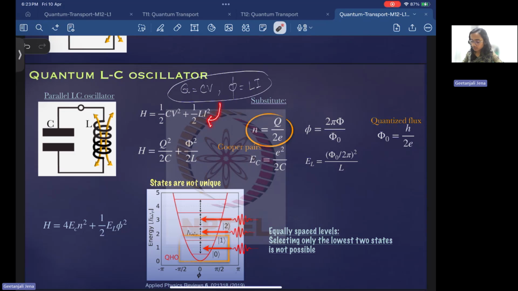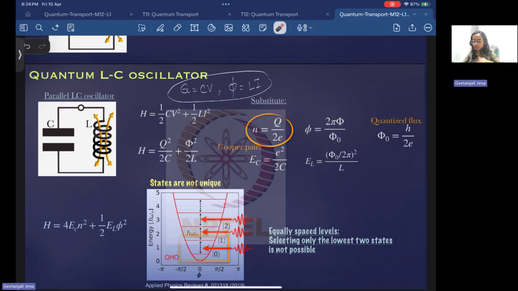If you put this here, we can easily get the Hamiltonian as q squared by 2C plus phi squared by 2L. Now further we can make some substitution so that it will be helpful for us to relate it to the superconducting qubit or, let's say, the gated quantum dot that we are going to discuss.